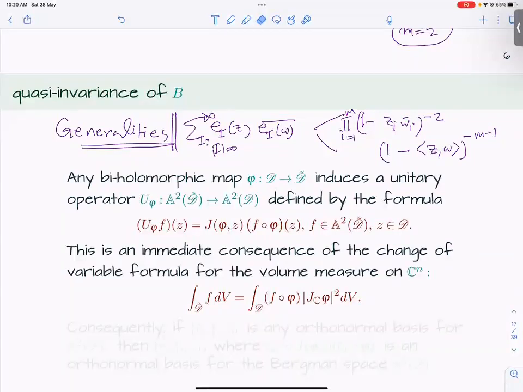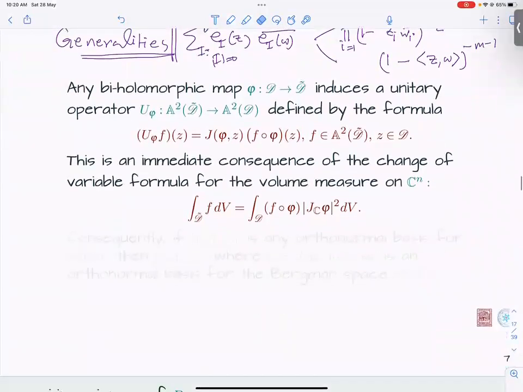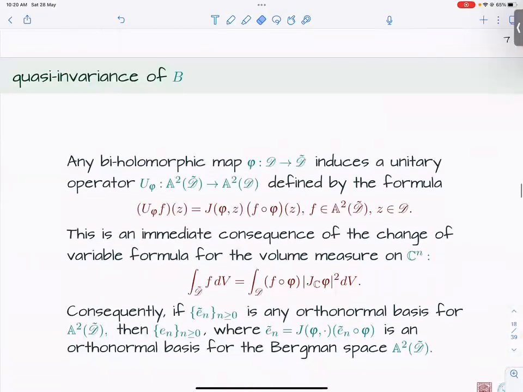Because of that, as a set map, this is actually bijective. But there is more. Because of this change of variable formula, if you look at the integral of absolute F square, then you will get, under this U phi, this absolute square J phi absolute square dV. But that is nothing but U phi F. So you conclude that U phi must actually be a unitary map.